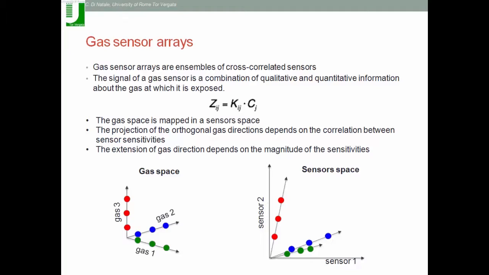So we may have arrays that can separate one compound from the other, but we have other compounds that are overlapped. So the sensors do not distinguish them.